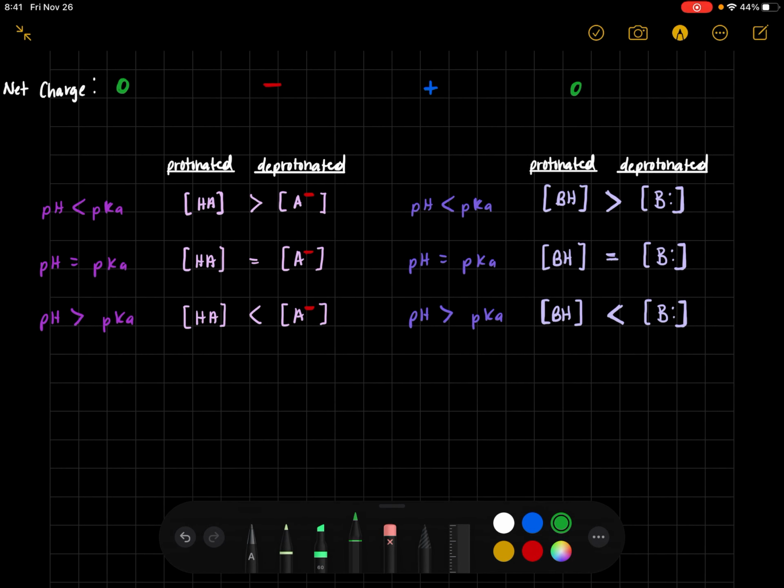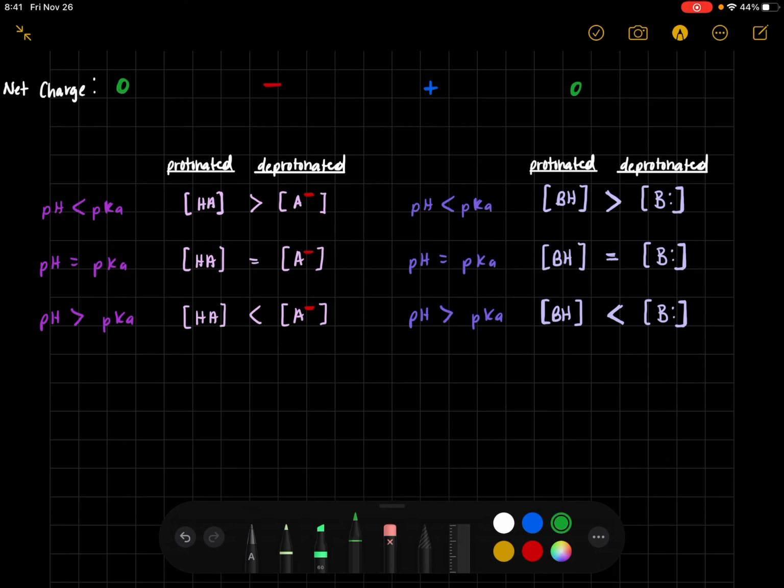Knowing the pKa of the side chain, you can determine the protonation state of an individual molecule of acid or base. At a pH that is less than the pKa of the side chain, the group will be protonated. At a pH that is greater than the pKa of the side chain, the group will be deprotonated.